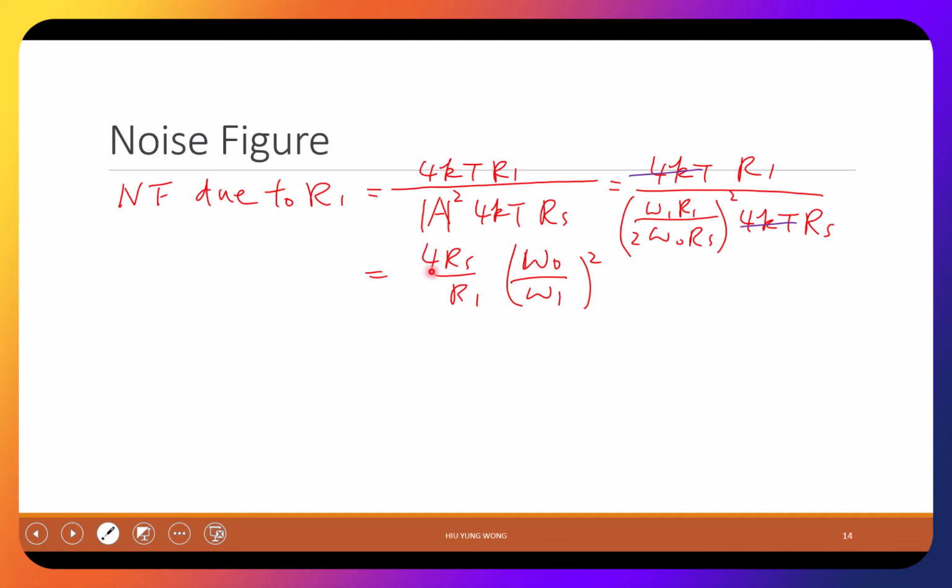No, I'm just saying that the noise figure due to R1, the further contribution by R1. I have not given you the noise figure of the whole circuit, right? Now it's saying that the noise figure contributed by R1. We are doing this in superposition, right? Just now we already did M1, right?